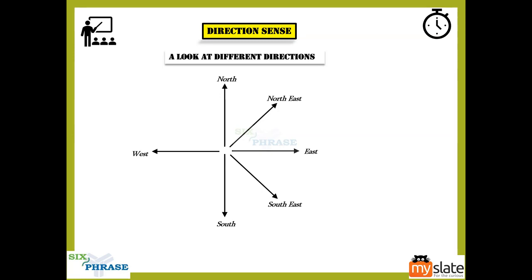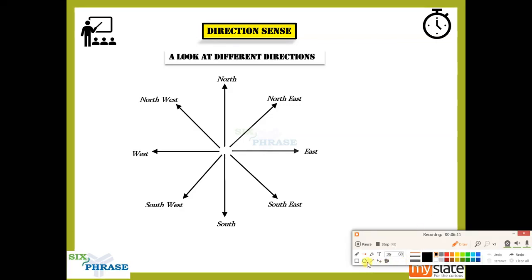Similarly, the direction between south and west is what we call southwest, and the direction between north and west is what we call northwest. So I've given you four more directions. Make sure you understand this. The direction between north and east is called northeast. The direction between south and east is called southeast, the direction between south and west is called southwest, and the direction between north and west is called northwest, guys.